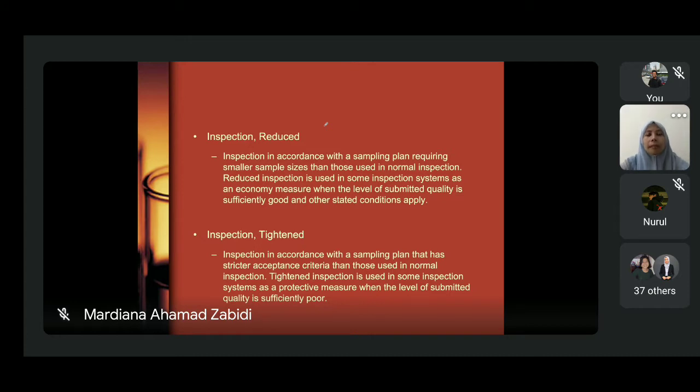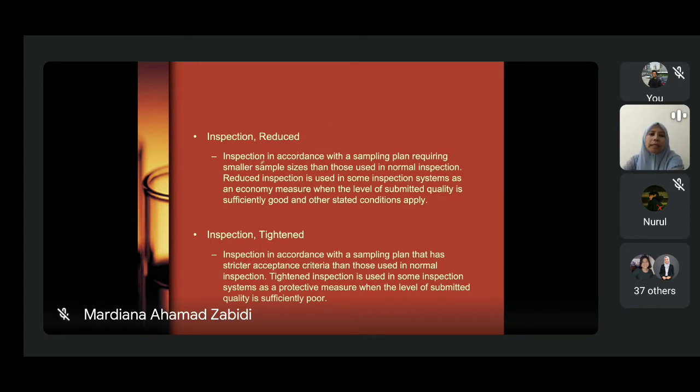Alright, but when I perform reduced inspection, I am actually increasing the risk of accepting product that probably is defective, probably a defective lot. That is the risk when we perform reduced inspection.